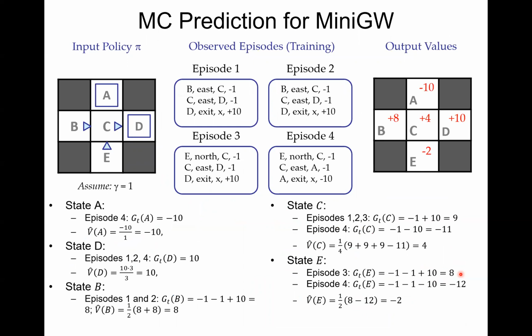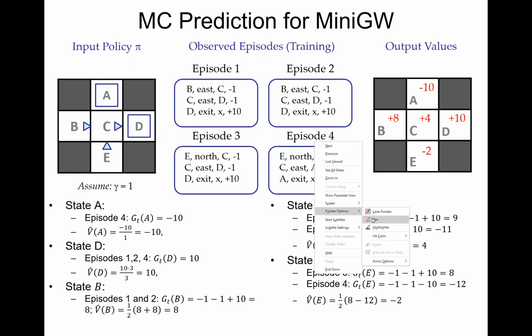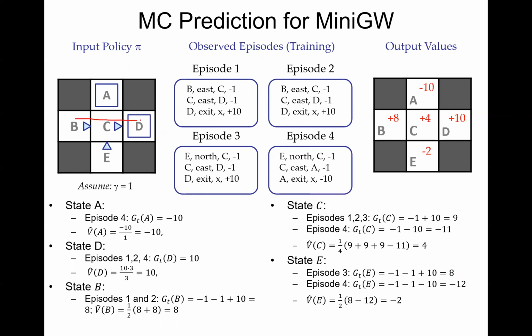This is the Monte Carlo prediction for the mini grid world. You have 4 episodes. The first episode is BCD, then ECD, then ECA.